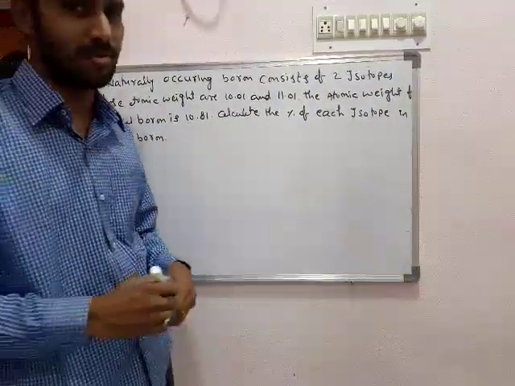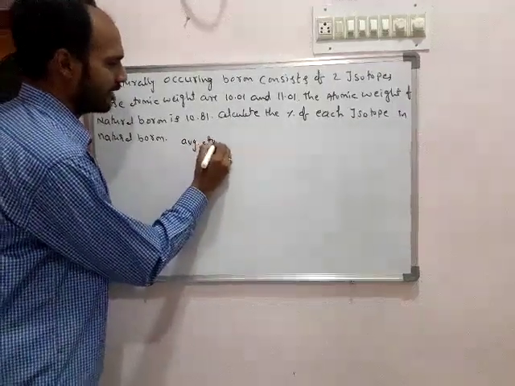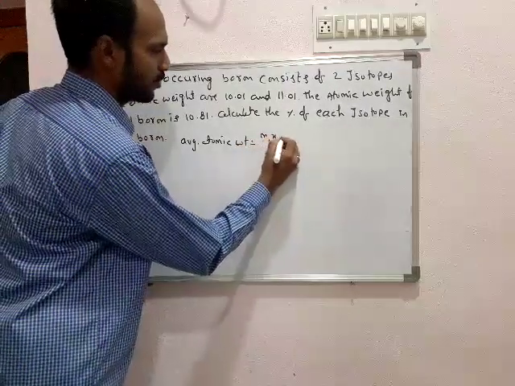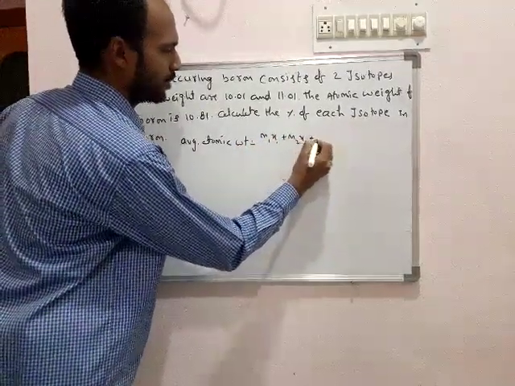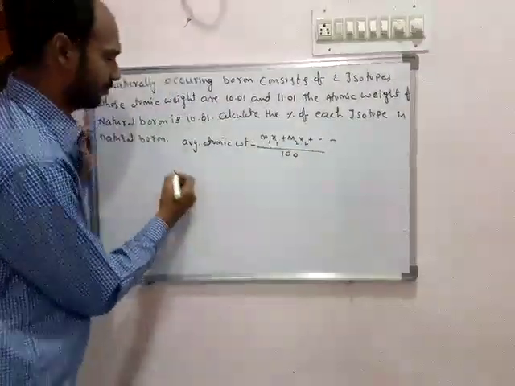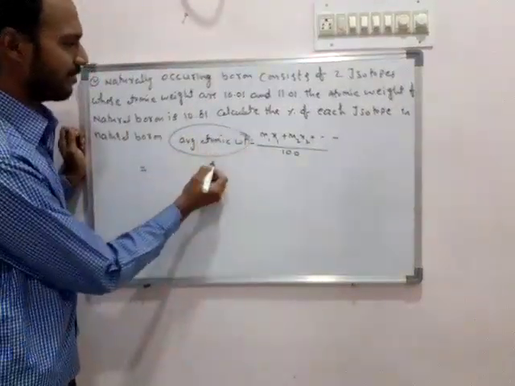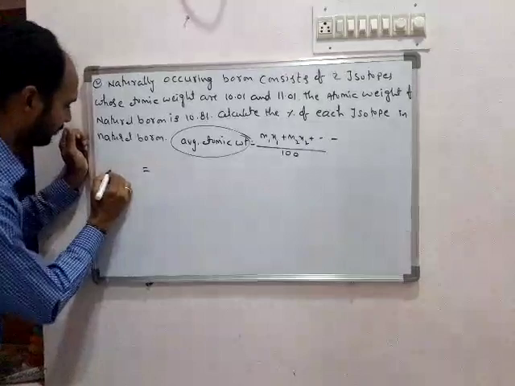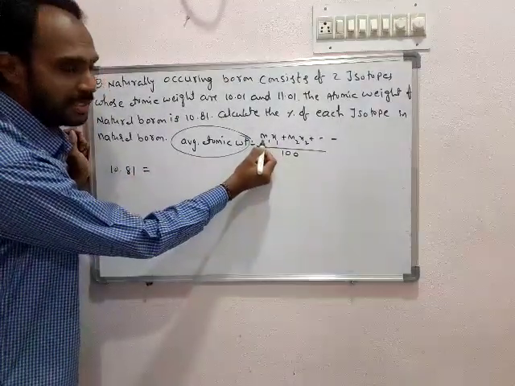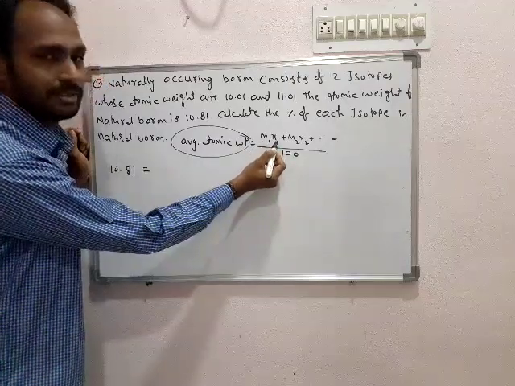Okay, so we know the formula, the same formula. The average atomic weight equals (M1x1 + M2x2) by 100. Here the average atomic weight is given as 10.81, and already we know M indicates the percentage and x indicates the atomic weight of that particular isotope.